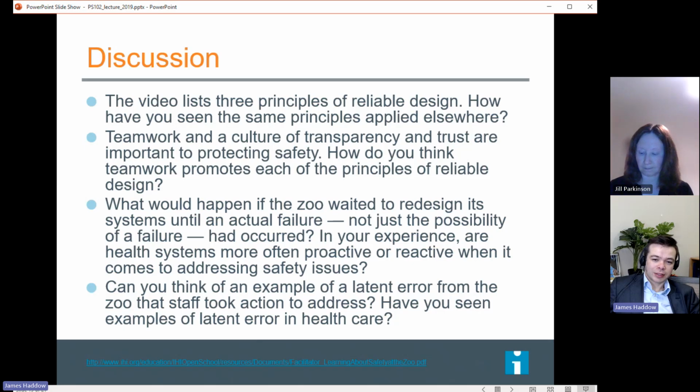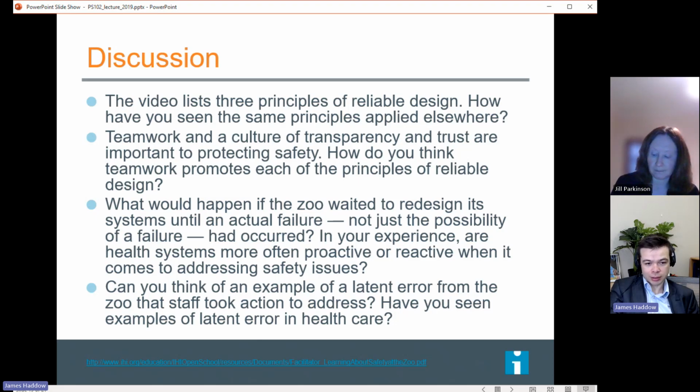Examples of latent error in healthcare. Let me think. Well, there is that really famous case in the UK where a doctor injected vincristine intrathecally instead of intravenously and killed a patient. And part of the latent error there was the fact that the drugs look very similar because they're all clear, and the way you connect them to the tubes was the same, so you could easily connect them up to the wrong port and put the wrong drug in the wrong port.